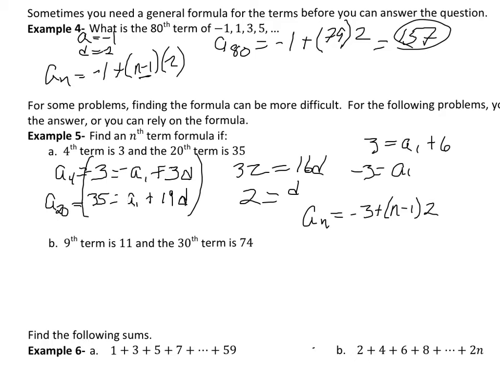Okay, so let's look at part B now. So our 9th term is 11 and the 30th term is 74.